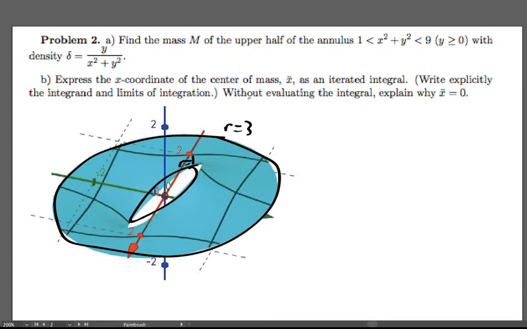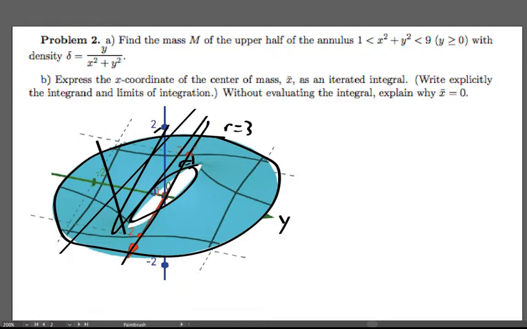So you can just ignore this part, because this one here is the y-axis, the green one. We want to figure out the mass of this right half that we have. We want to figure out the mass.